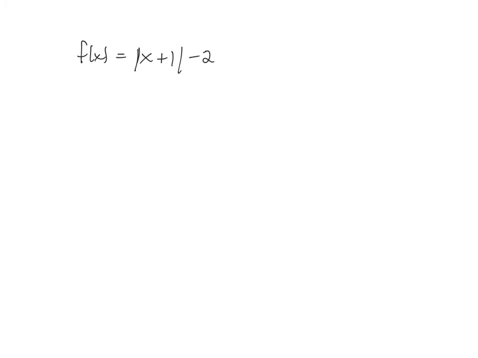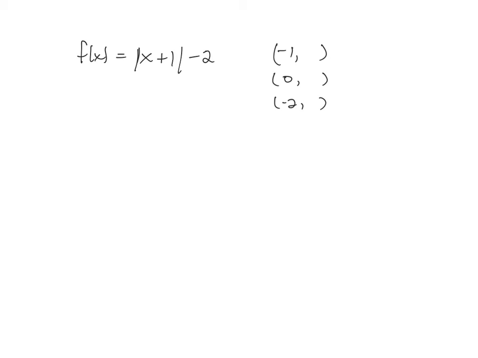What makes the inside be 0? Negative 1. Remember, it's the opposite. That's positive 1, so I do negative 1. And then I need to pick a number bigger than negative 1. How about 0? And smaller than negative 1. How about negative 2?